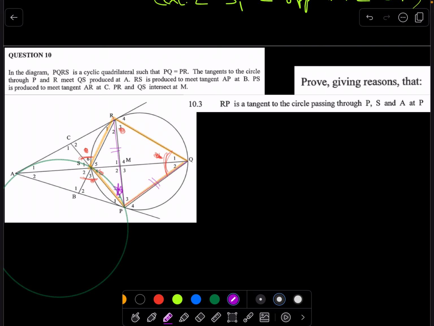I'm always curious about which chord an angle comes from, and it comes from this chord, and this chord also subtends this angle. So this angle is also star, and this chord is also connected to this tangent to this circle. So this angle over here, using tan chord, is also star.